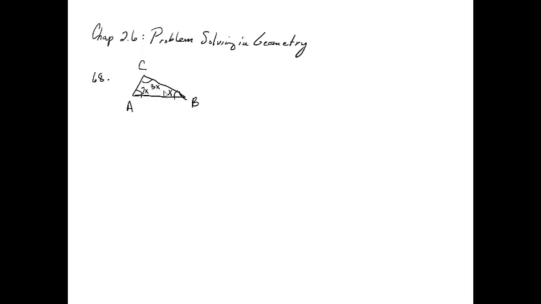So here's my triangle, and I have three angles, A, B, and C. And it says find the measure of each angle of the triangle. So I'm looking for angle A, angle B, and angle C. Those are all my unknowns.